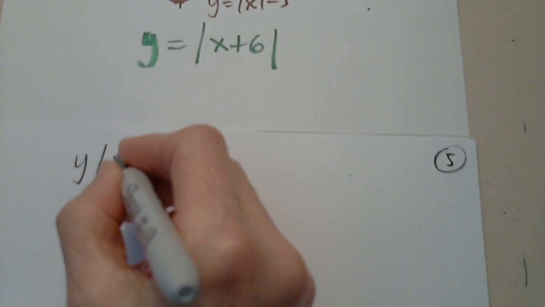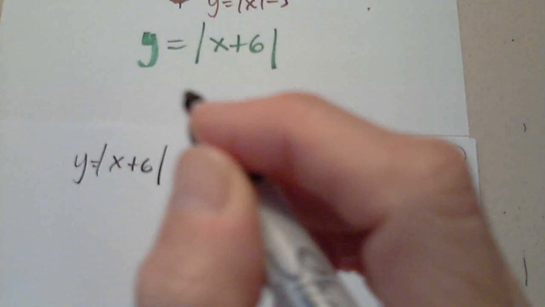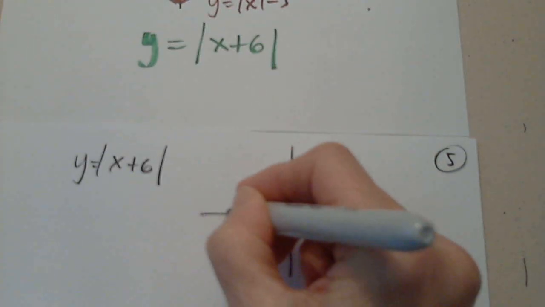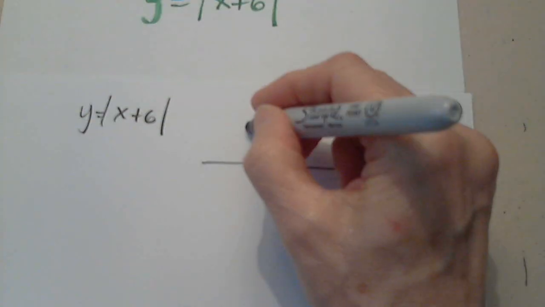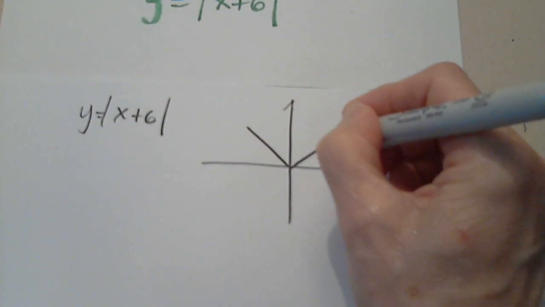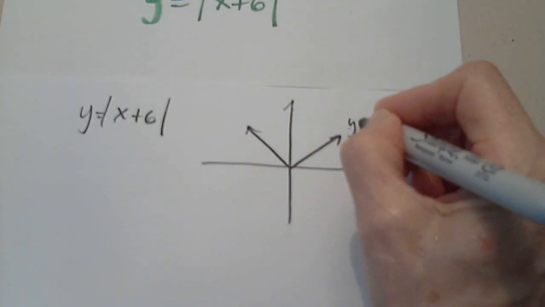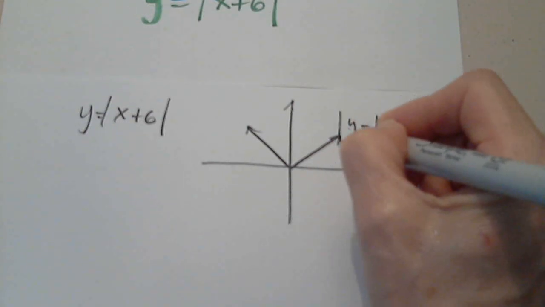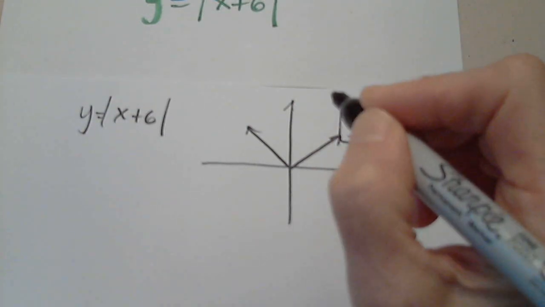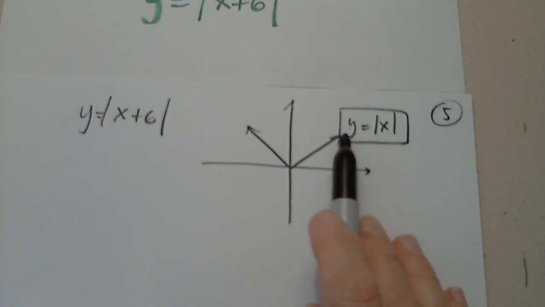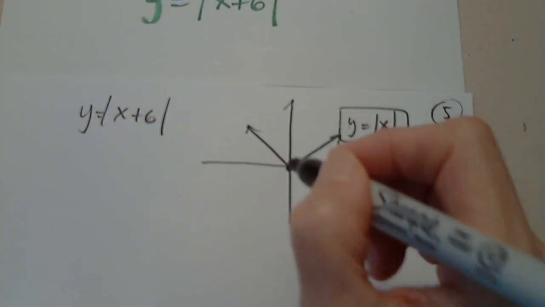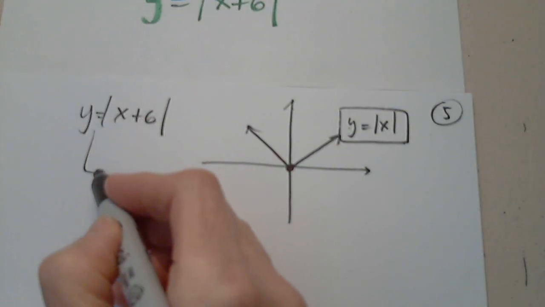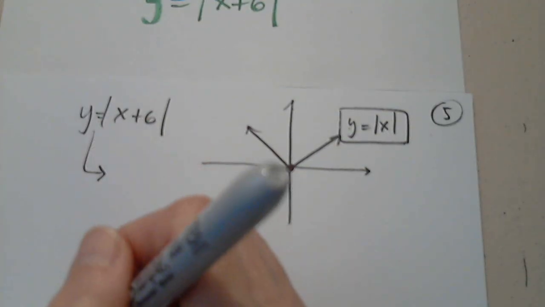So for y equals the absolute value of x plus 6, I know that the base function, the simplest possible function, is the absolute value. This is y equals simply the absolute value of x. Notice that when x is 0, y is 0. Now the question is, where does this point go?